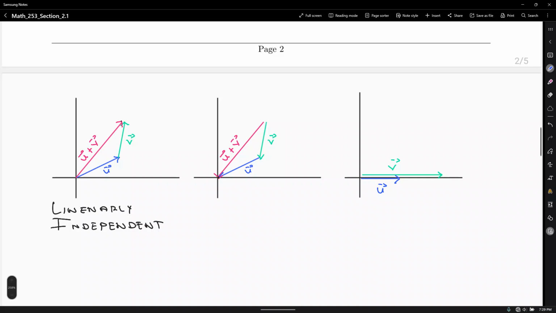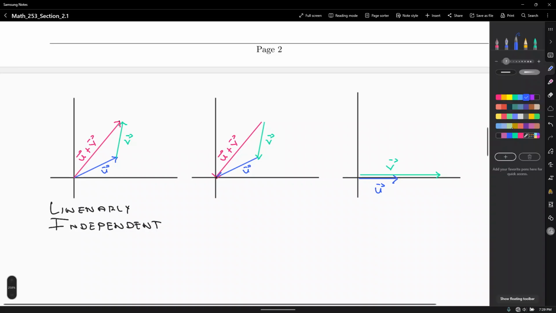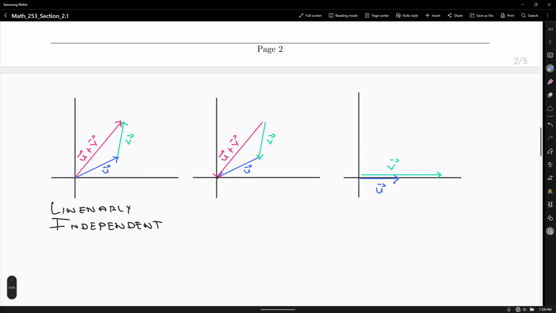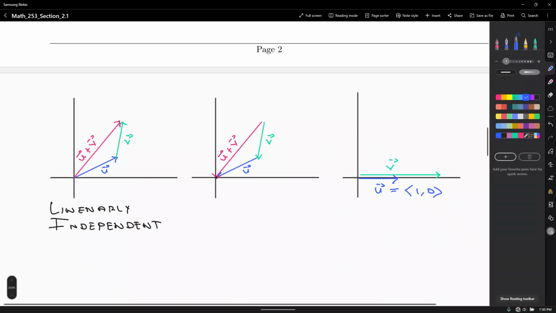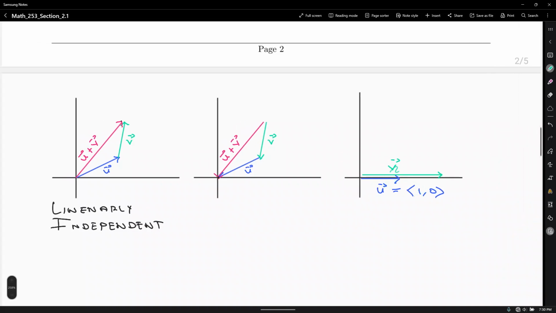For instance, we can easily see here that vector u maybe has components 1, 0. If we observe vector v, it seems to be twice the size of vector u. So 2 times vector u, which is 2 times the vector 1, 0, is the vector 2, 0.